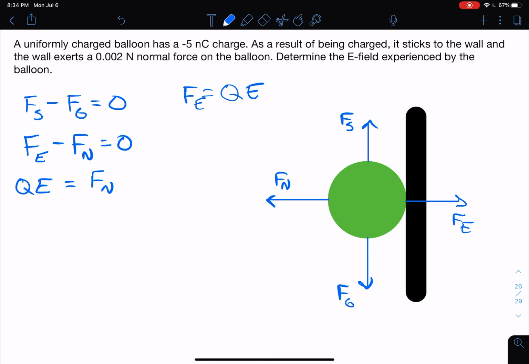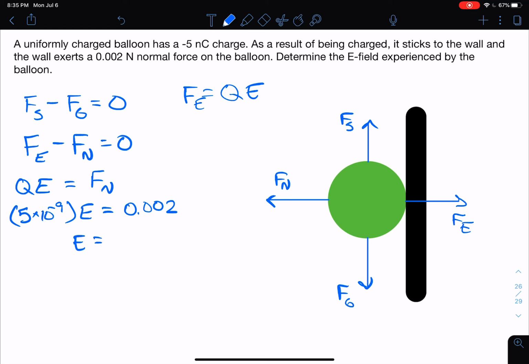I know the charge magnitude, that's 5 nanocoulombs, so that's 5 times 10 to the negative 9th, times my E field. That has to equal my normal force, which is 0.002. Now I just solve for the E field.